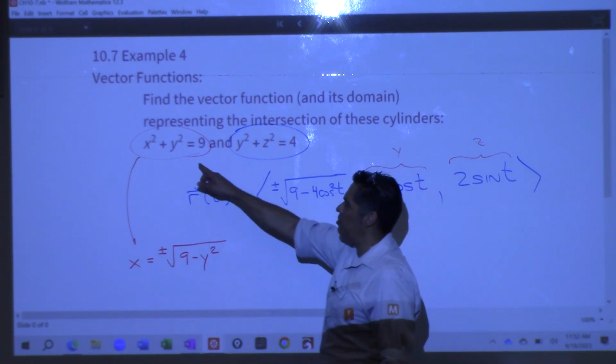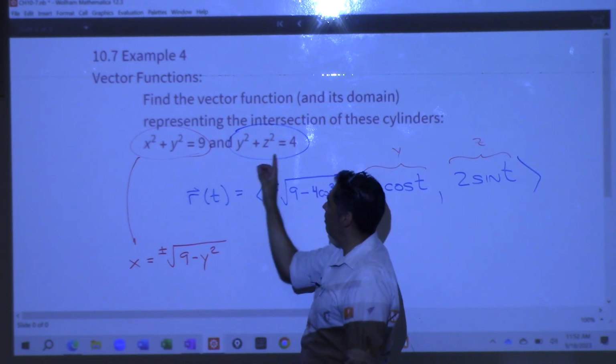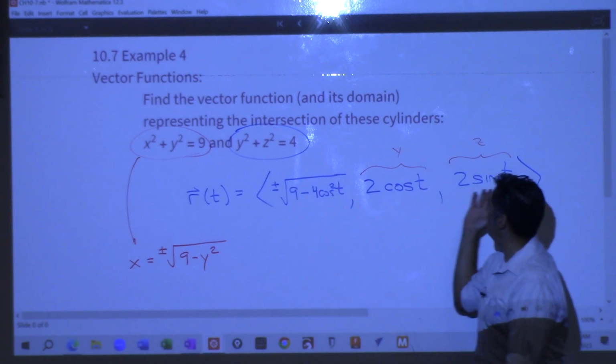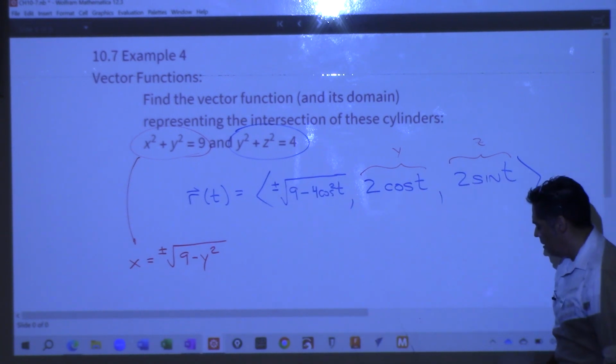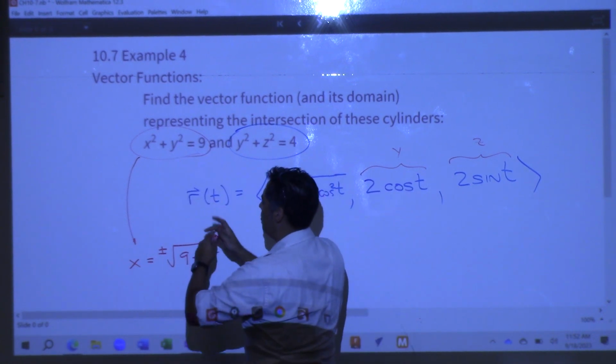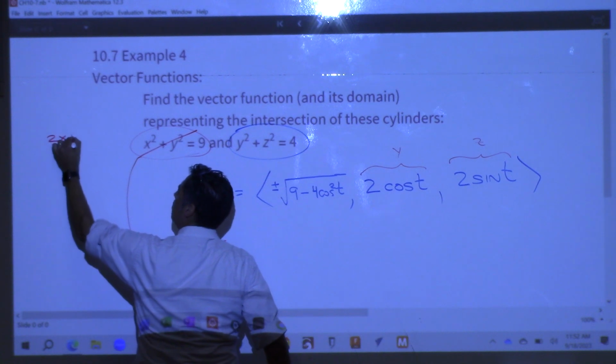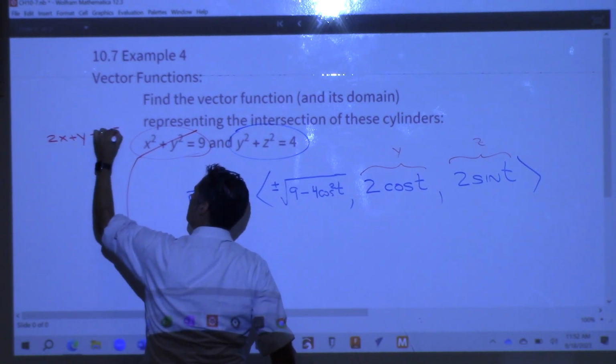What if this wasn't a circle? Well, if one of these was a circle, we could still do this, right? What if this was a plane equation? Remember what plane equations look like? Like what if this was the equation 2x plus y minus z equals 10?